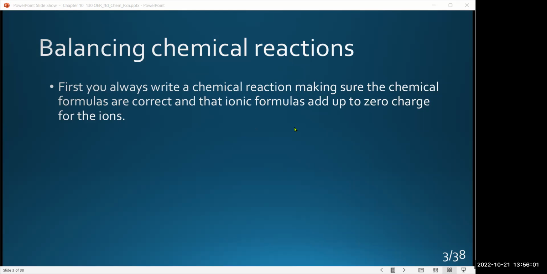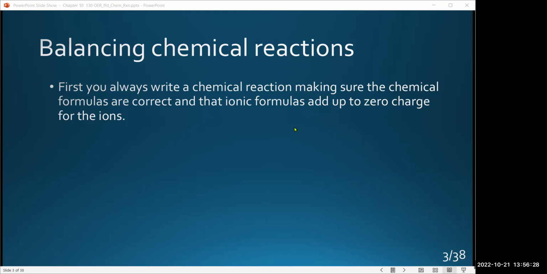So in balancing chemical reactions, first you're always going to write the chemical reaction, making sure the chemical formulas are correct and that the ionic formulas add up to 0 charge. It's no different than what we've been doing, okay? We've been taking the name of the compound, either a covalent compound, and from the name we write the formula, or the ionic compounds, we take the name of the ionic compound and we write the formula.